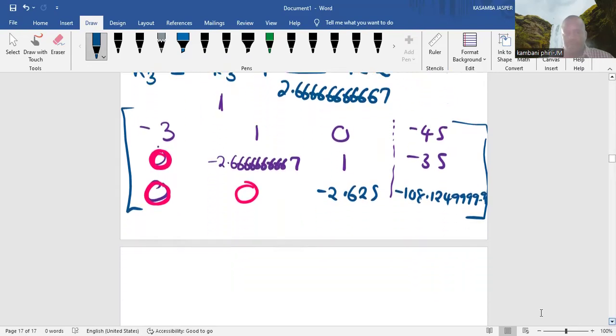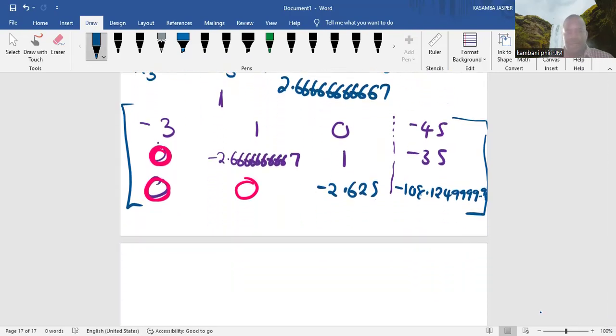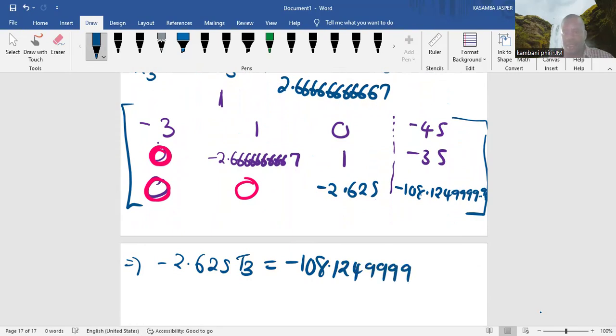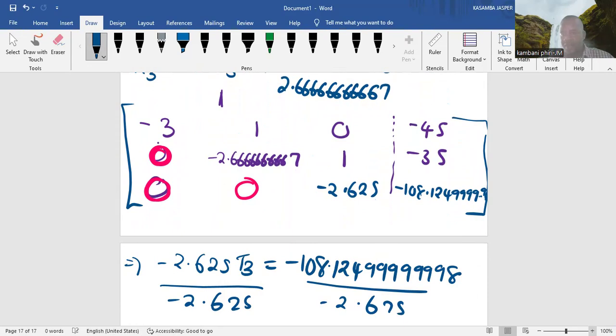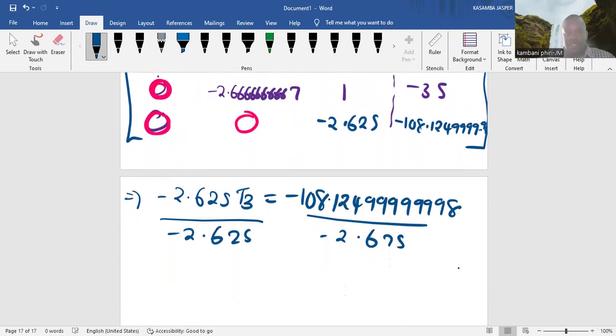From there now we can find T3. That simply means negative 2.625 T3 is equal to negative 108.124999998. So dividing by negative 2.625, what do you get?